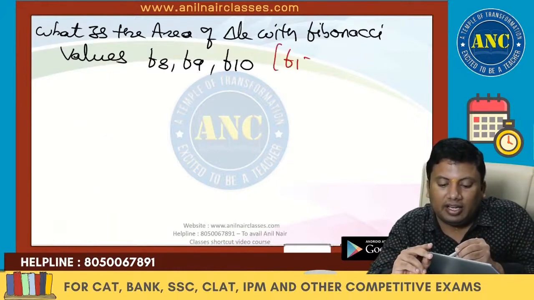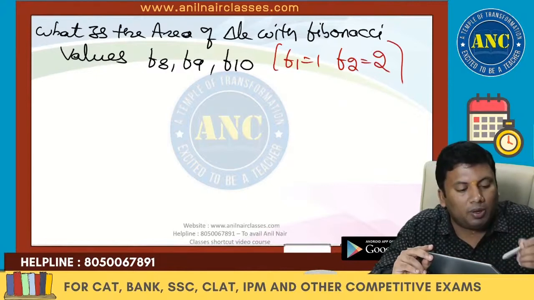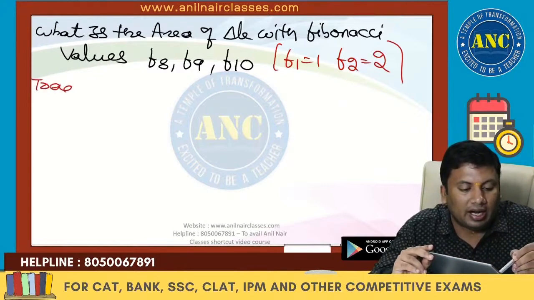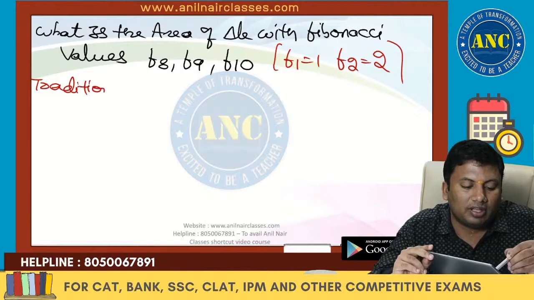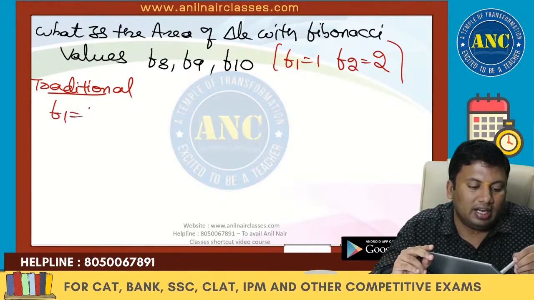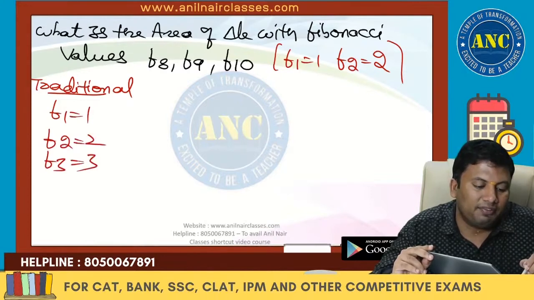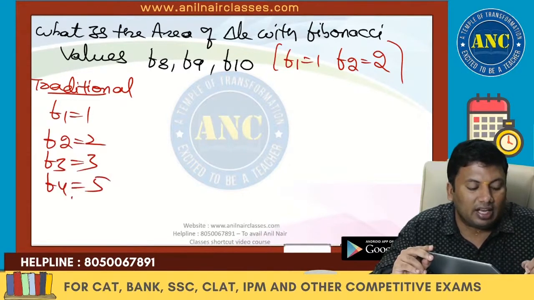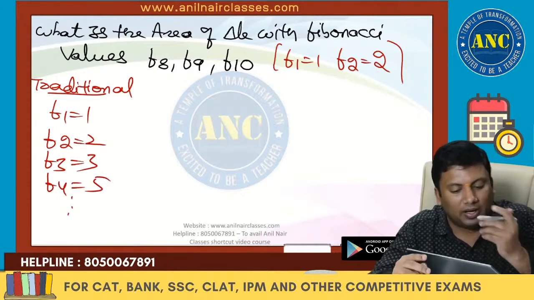F1 is given as 1, F2 is given as 2. Students who probably do not think right for 1 minute before solving the question, what they will do is slowly and steadily F1 1, F2 2, F3 3, F4 5, like that they will keep on solving. God will only bless them.